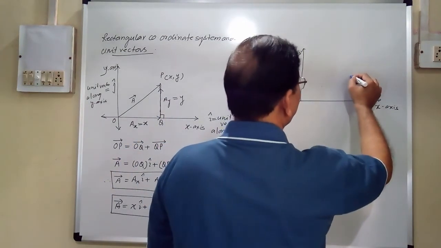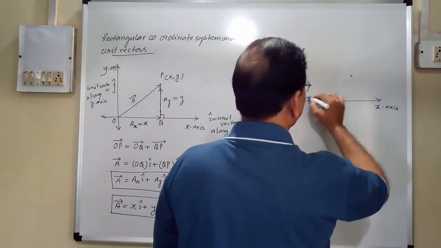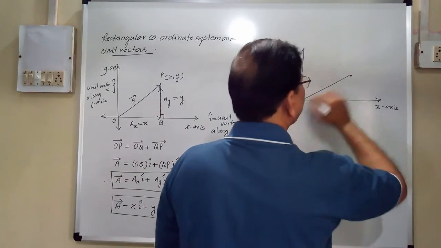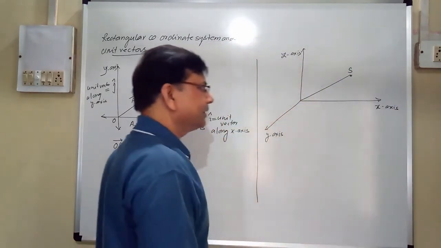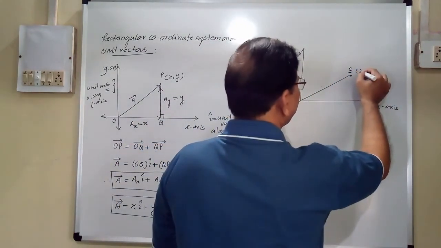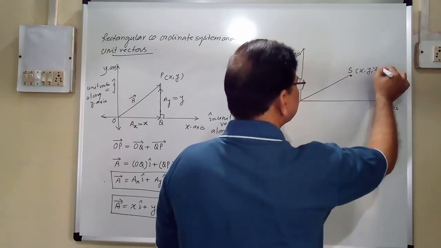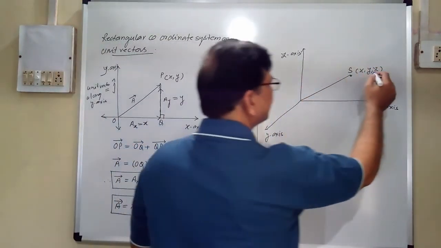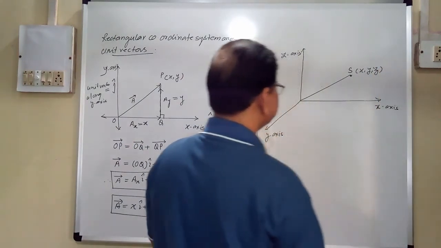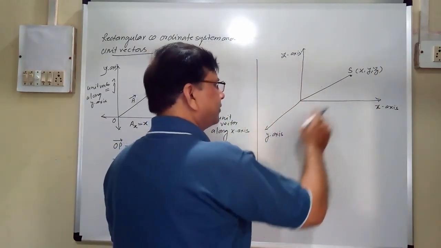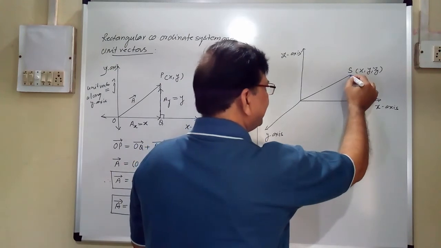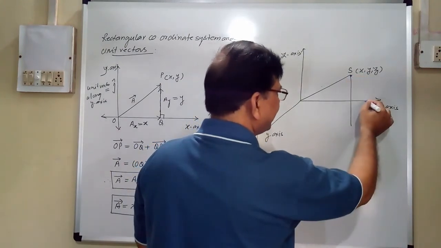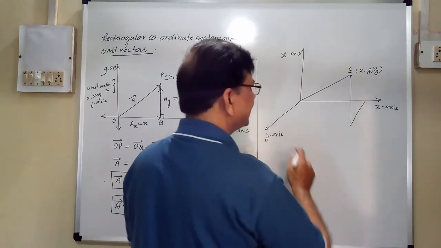Let there be any point over here, S. So its coordinates will be x, y, z. Then we draw perpendiculars on this plane and on the x-axis.